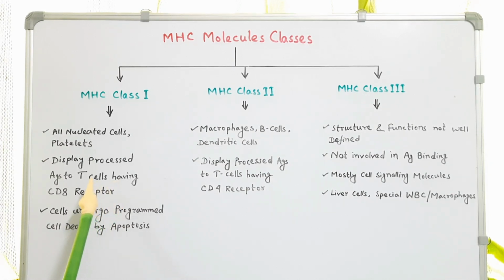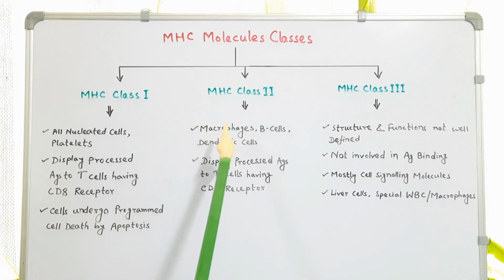The CD8 receptor of cytotoxic T lymphocyte interacts with antigens which are presented by MHC I molecules. Then, the cytotoxic T lymphocytes trigger the cell to undergo programmed cell death by apoptosis. MHC class I helps mediate cellular immunity.